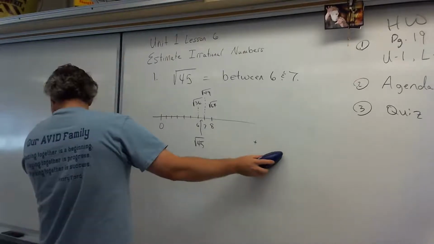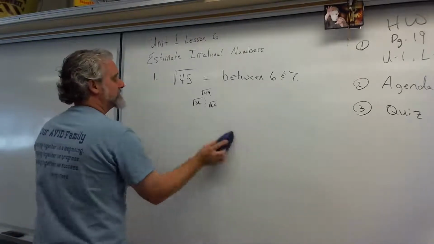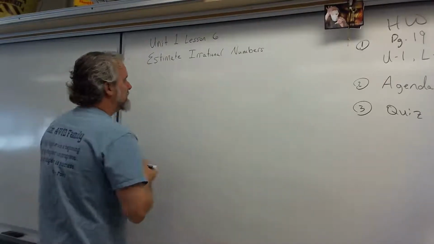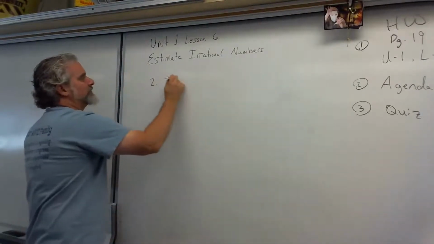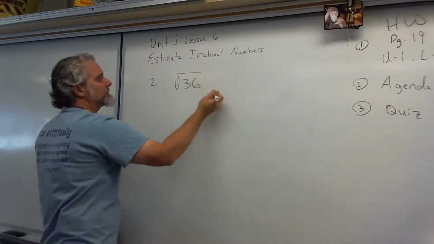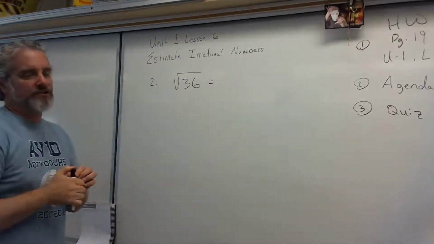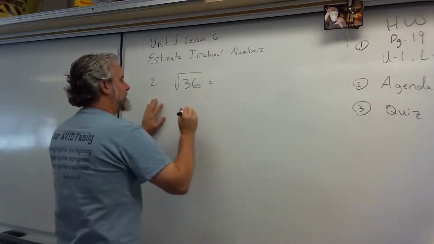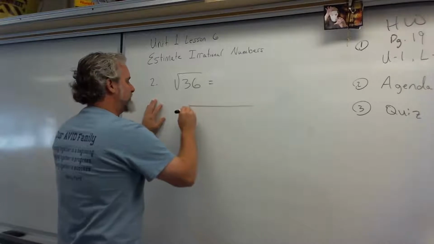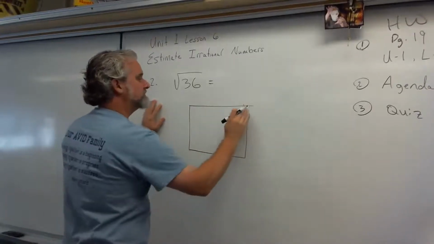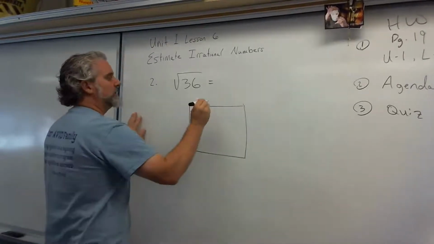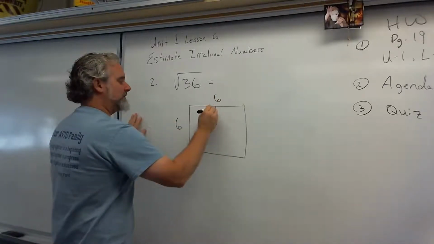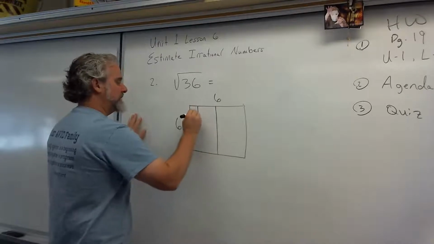So let's try the next problem. Problem number 2 has a square root of 36. Now we can draw this out. 36 is a perfect square. So try drawing this out. Trim it up. So if I want to make a 6 on this side and a 6 on this side, so I'm going to divide right in half and then cut this into thirds.